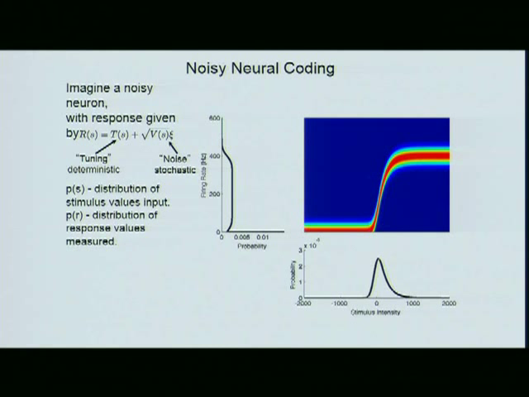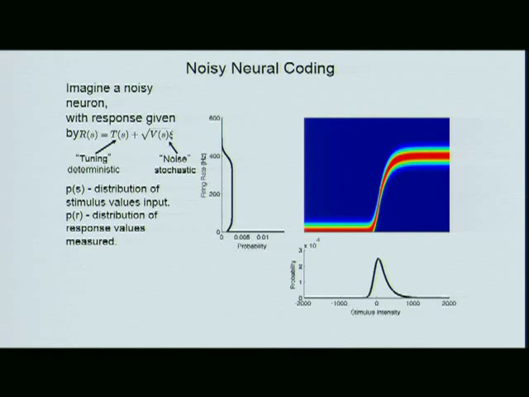So this is going to be the neuron's tuning curve, this color map here, where if we give an input stimulus of a certain value, we get an output firing rate of a certain value. There's a deterministic component, which is like your tuning curve. The response is a function of the stimulus. This deterministic component gives me this sigmoidal shape.